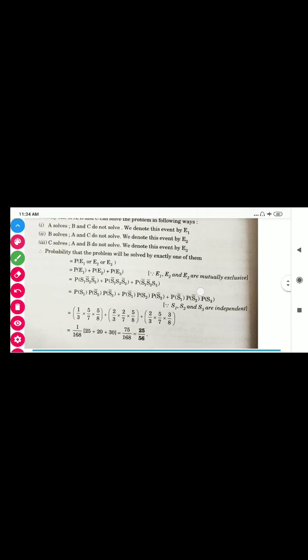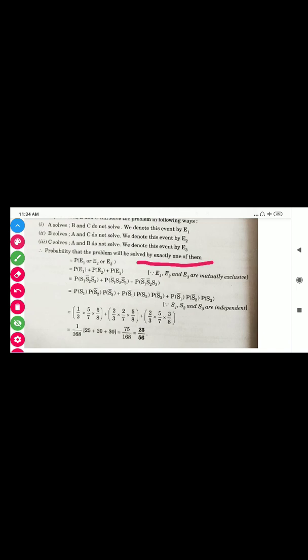Now, the probability that the problem will be solved by exactly one of them, that means the problem will be solved by A or B or C. In this way, we will write: probability of S1 and complement of S2 and complement of S3, plus probability of S2 and complement of S1 and complement of S3. In the same way we write the third expression. So here by putting the values which we have calculated, we get the answer 25 over 56.